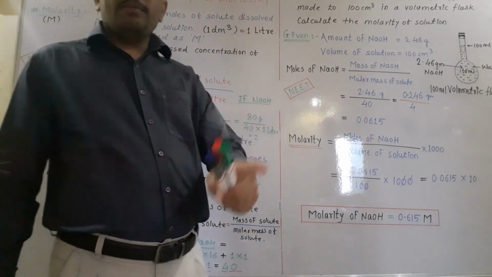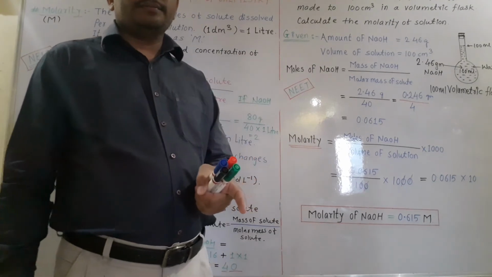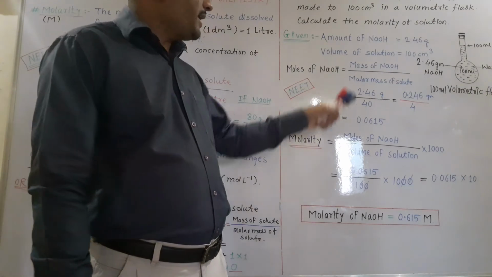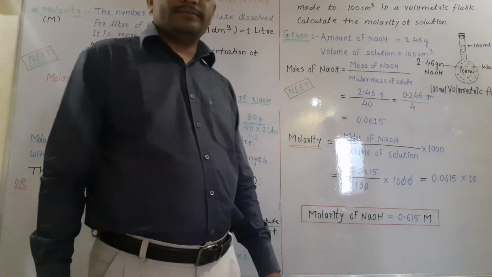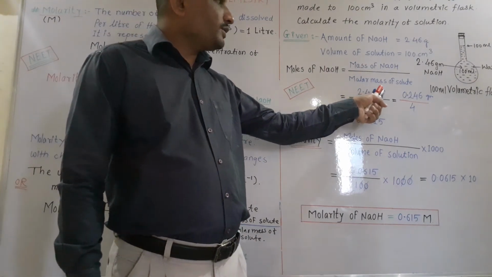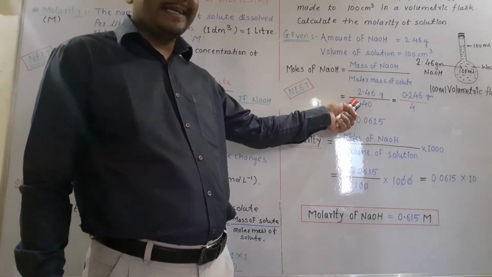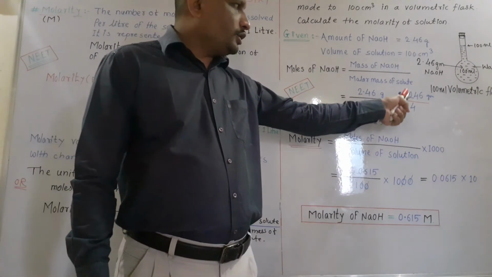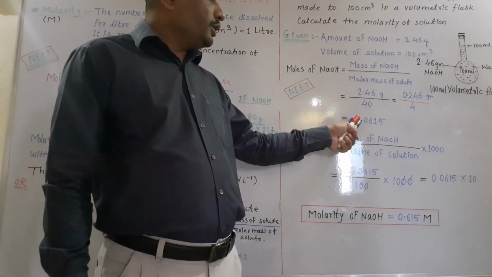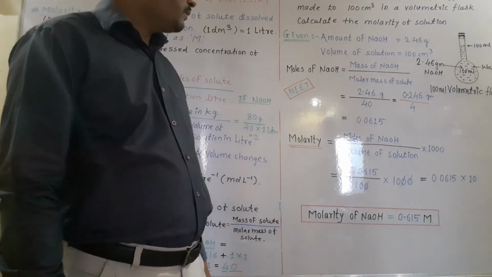The number of moles of NaOH is the mass of NaOH divided by molar mass of NaOH. The mass of NaOH is 2.46 gram divided by molar mass of NaOH, 40. So 0.246 divided by 4 gives the answer 0.0615 moles.